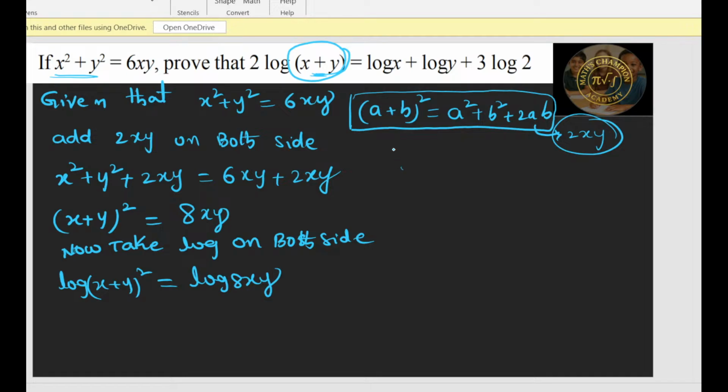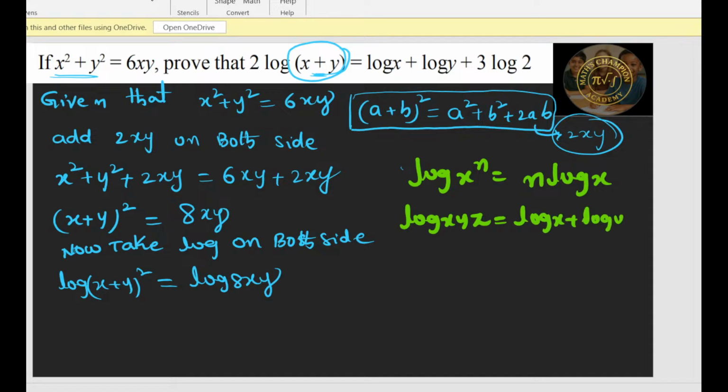We know the formula that log x power n is equal to n into log x. We apply this formula here, and we also know the formula log xyz can be written as log x plus log y plus log z. These two formulas we are going to apply here.